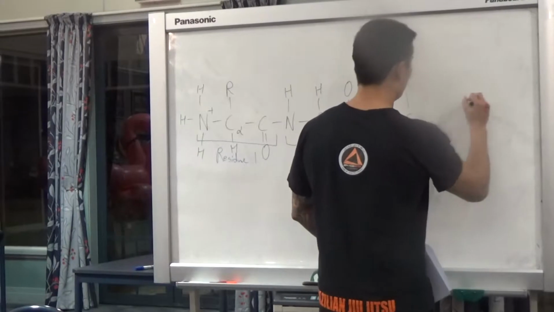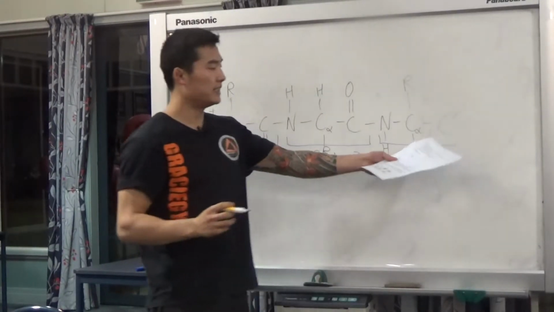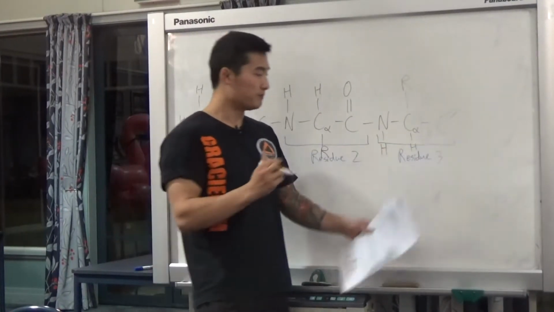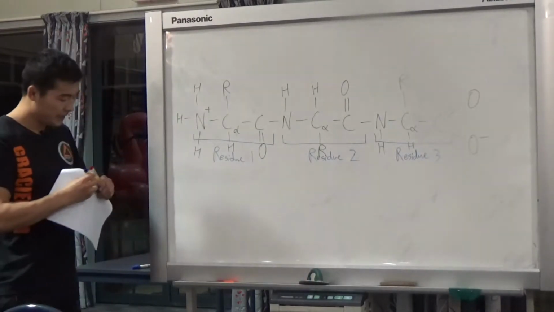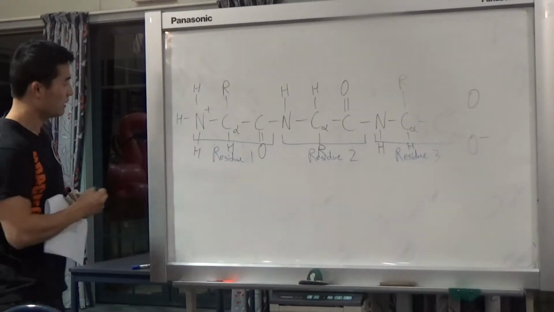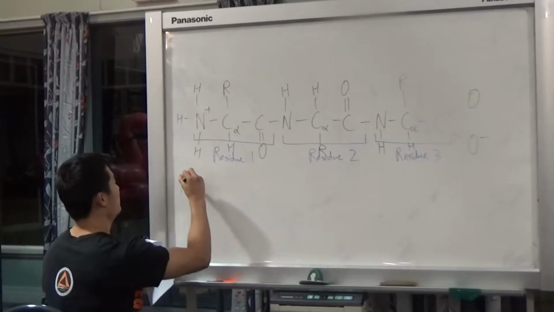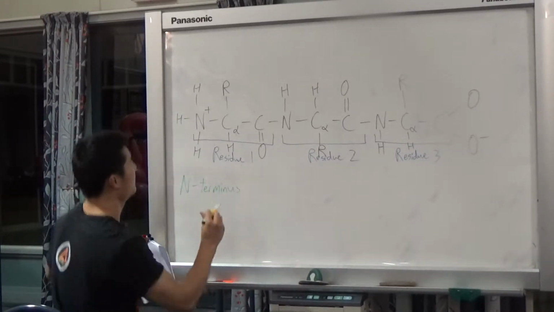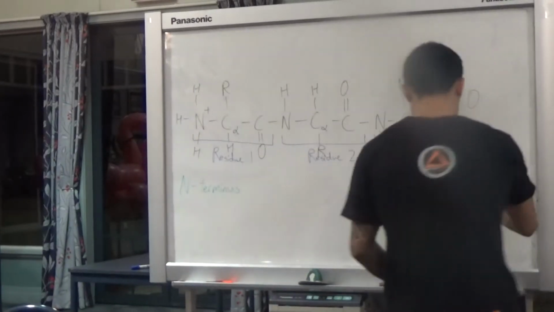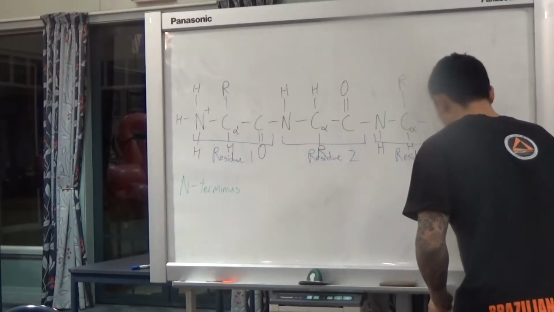And for the last one, since that's the C terminus, it's going to be negatively charged. Okay. So this end here is called the N terminus, right? And this side here is called the C terminus.